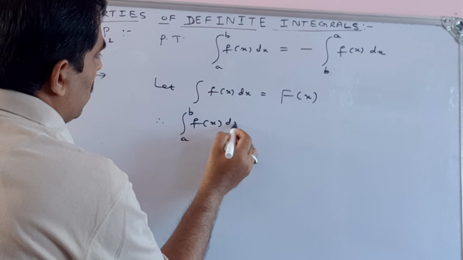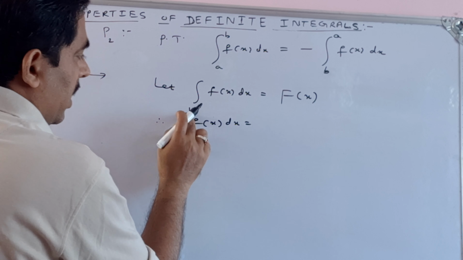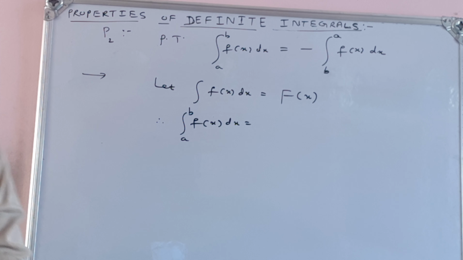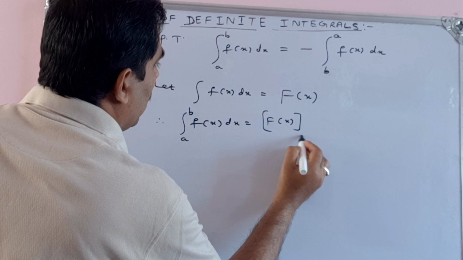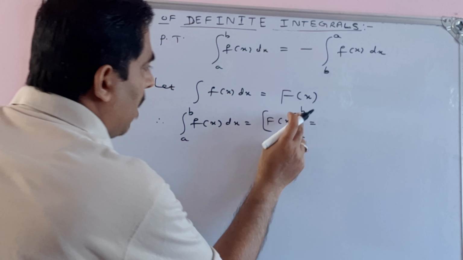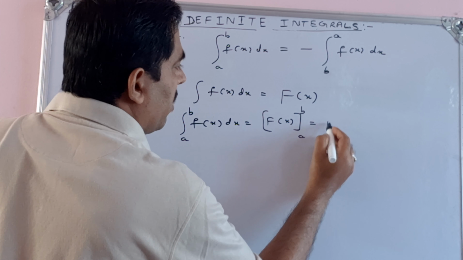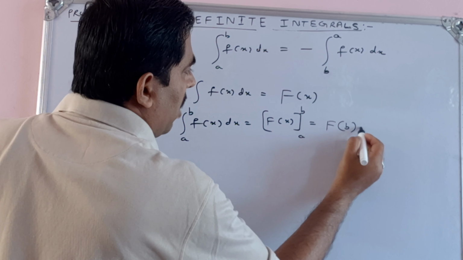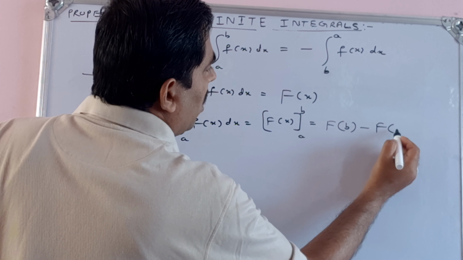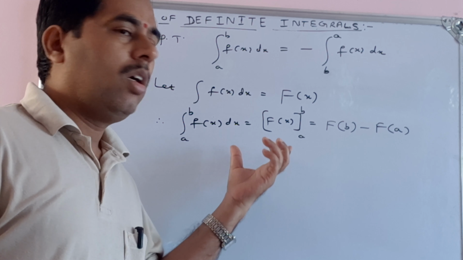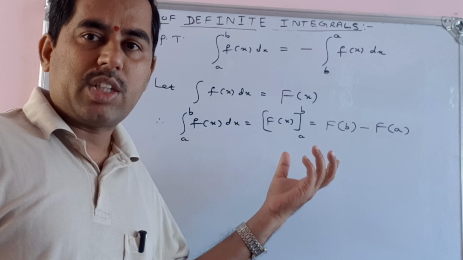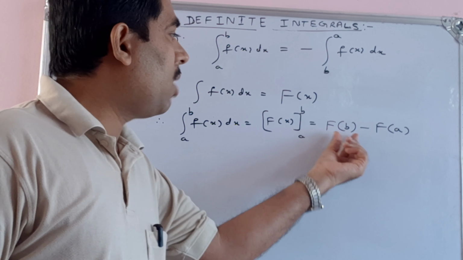Taking the limits of integration from a to b, I apply the upper limit and lower limit: the antiderivative at the upper limit minus the antiderivative at the lower limit. This is by the definition of definite integrals, or by the fundamental theorem of integral calculus. So upper limit minus lower limit.